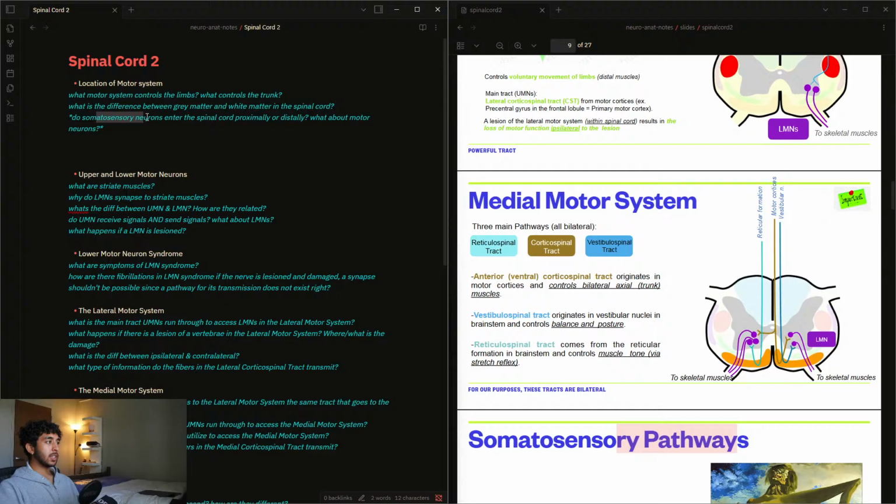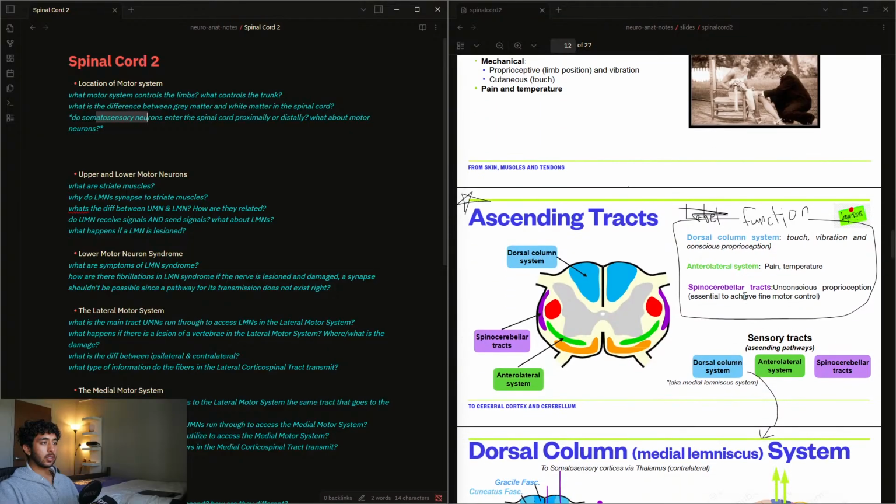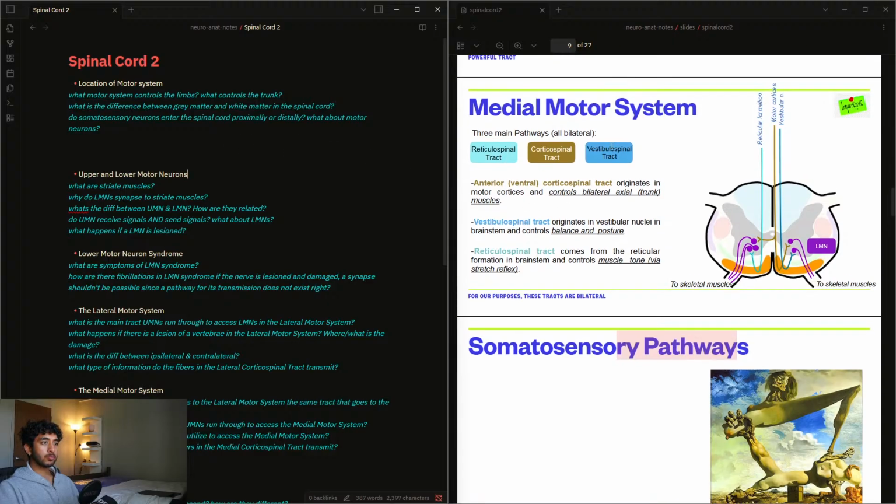The somatosensory neurons, I feel like that should be called pathways. These are tracts. Is it pathway or tract?